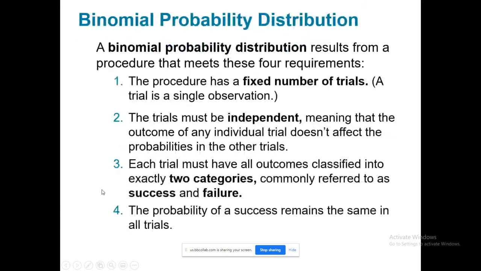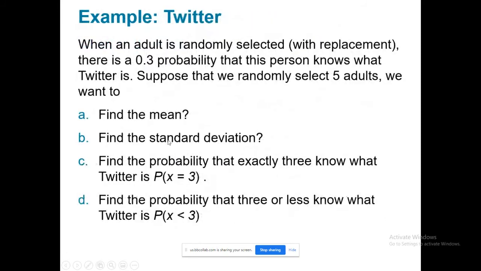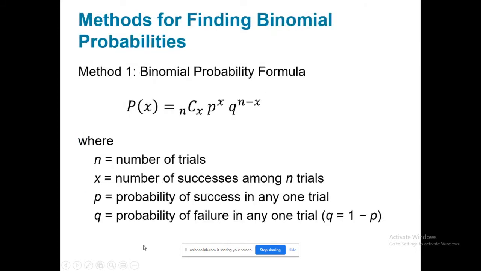If I go back, it says that there's a 0.3 probability that the person knows what Twitter is. So p is 0.3. X is the number of successes. Okay, we're going to talk about that once we get to the latter 2.